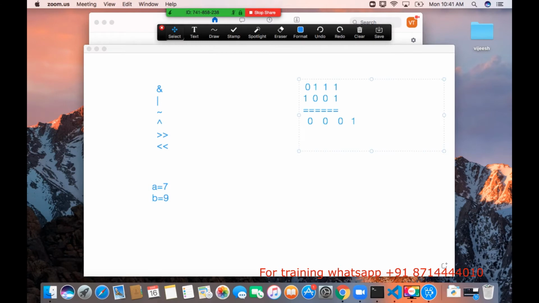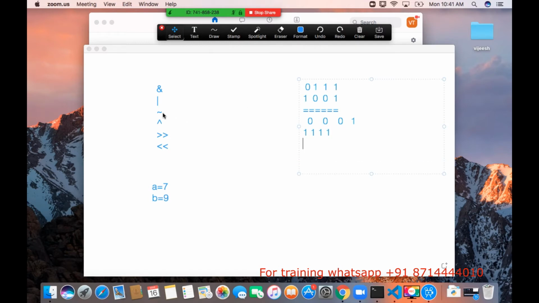If you are using OR, if either this side is 1 or this side is 1, we will get the output as true, that is 1. So if you are using OR, we get 1 1 1 1, because when both are 1, in that case also it is 1.